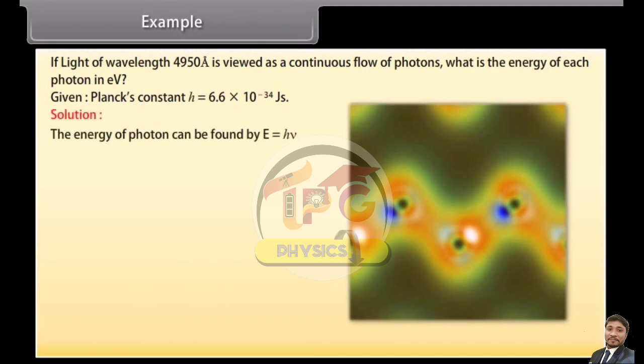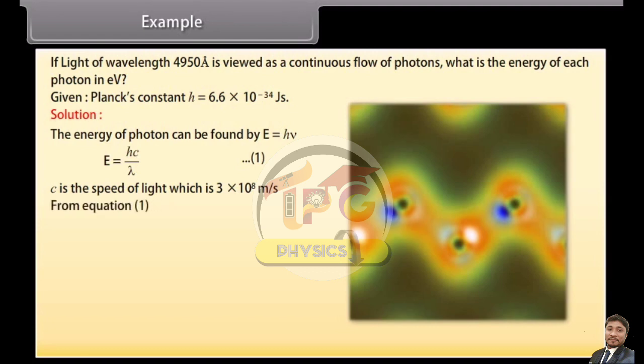Solution. The energy of a photon can be found by E equals hν, E equals hc by λ, name it as equation 1. c is the speed of light, which is 3 × 10^8 meter per second. From equation 1, E equals 6.6 × 10^-34 × 3 × 10^8 by 4950 × 10^-10 joule.